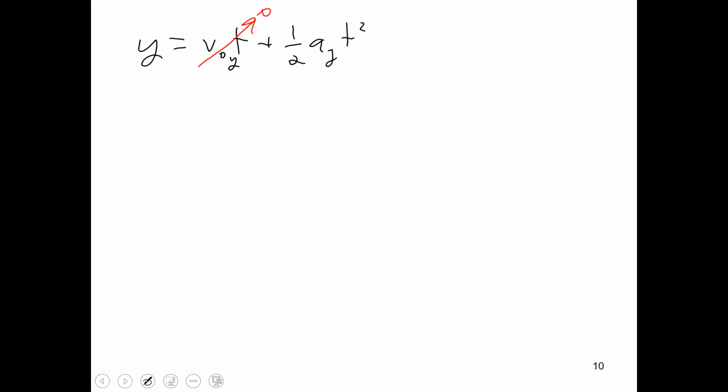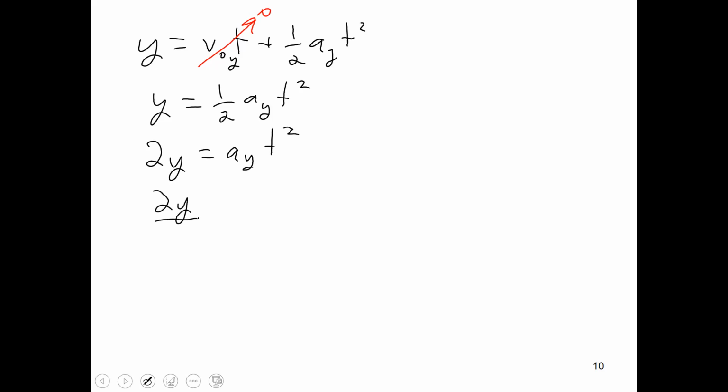So that's 0. That is going to leave me then with y is equal to 1/2 a sub y t squared. I can start rearranging this equation to solve for time. It looks like t is going to be equal to the root of 2y over a sub y.